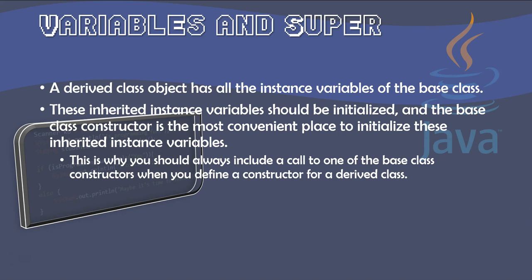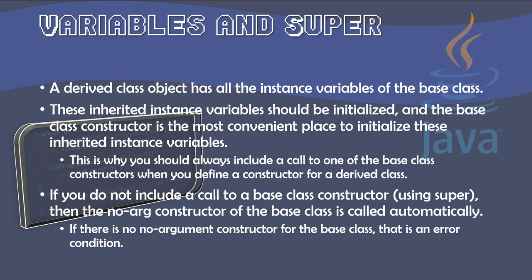And the base class constructor, the one in employee, is the most convenient place to initialize these inherited instance variables. It's going to give them that initial value, whether it's 0, an empty string, or Bob, whatever that value needs to be, that's where it's going to happen. And this is why we should always include a call to one of the base class constructors when we define a constructor for a derived class.